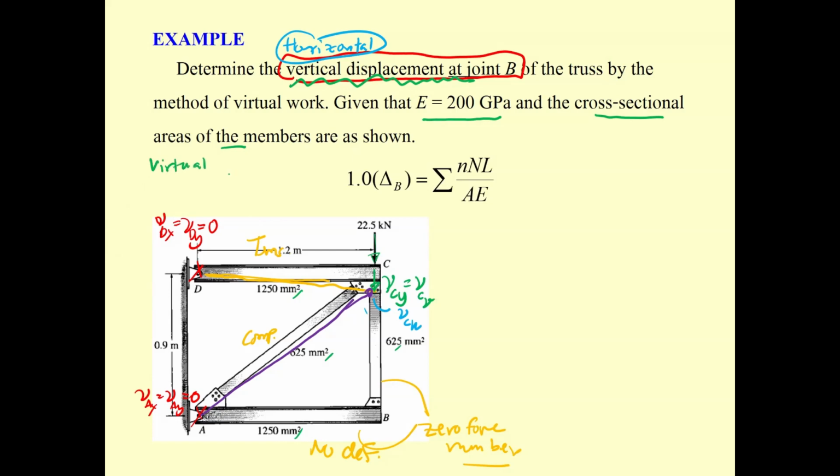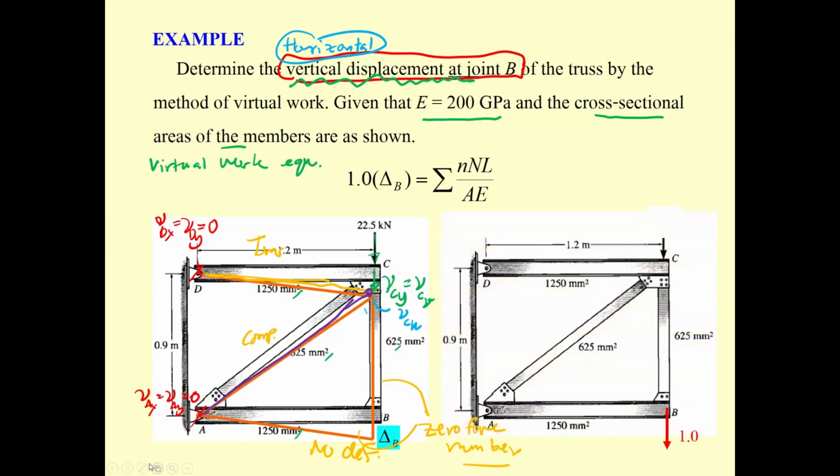Just put the virtual work equation: 1.0 is going to be the force over here. Put the 1.0 at the point. Sorry, this is point B, not point C. Point B, point B. This is point C, and this is point B. The deflection of point B is going to be here.